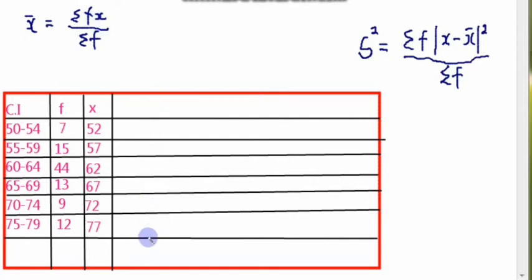That's why we need FS on this table, because we cannot do without the mean in our variance. FS means frequency multiplied by midpoint in each row.